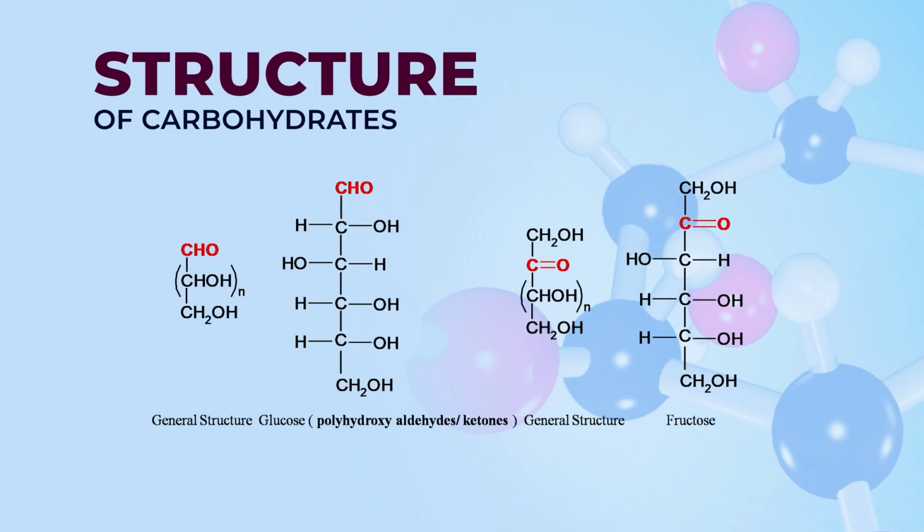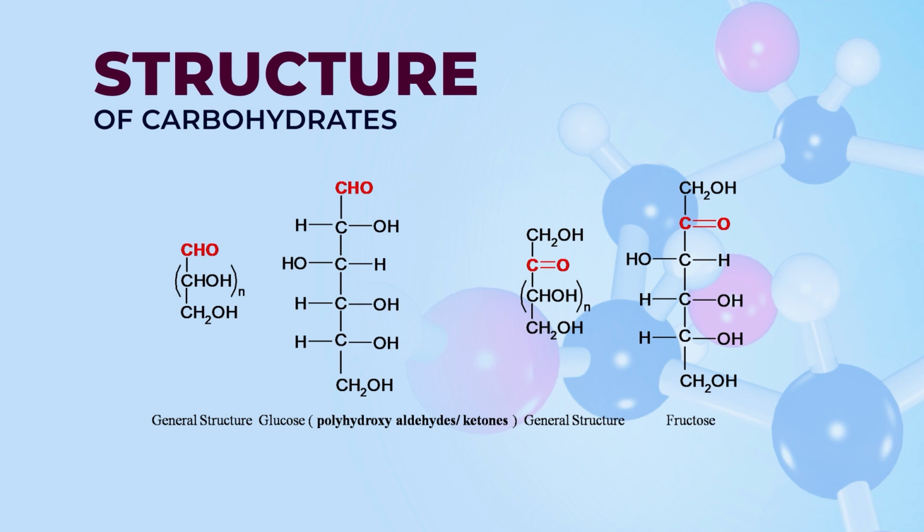Now, this is the example of a general structure of the carbohydrates. You can see the first general structure, then one with the aldehyde structure, and one with the ketone structure, and next is the fructose.